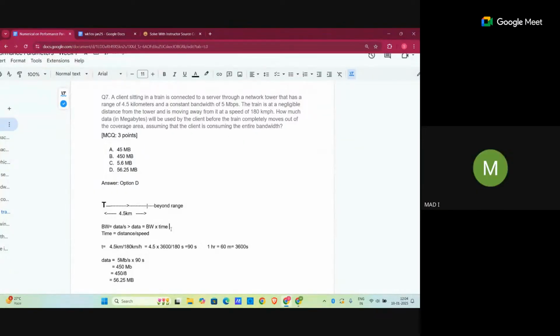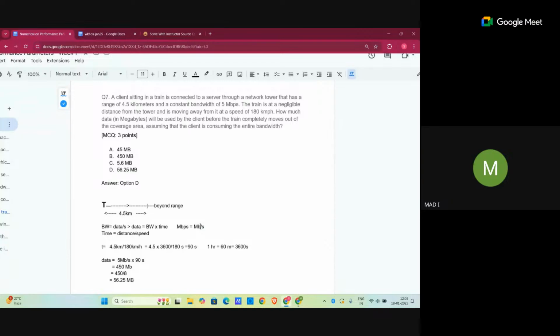Let me write it over here: megabit per second. You can also write it like this: megabit per second. From the same unit, what is megabit? It is data. And what is seconds? It is time.